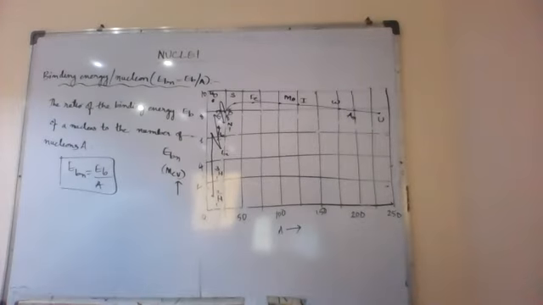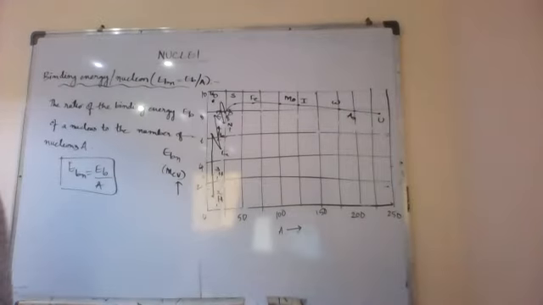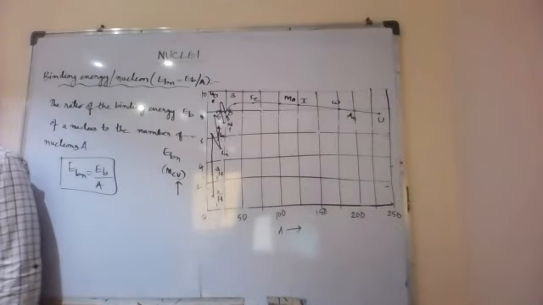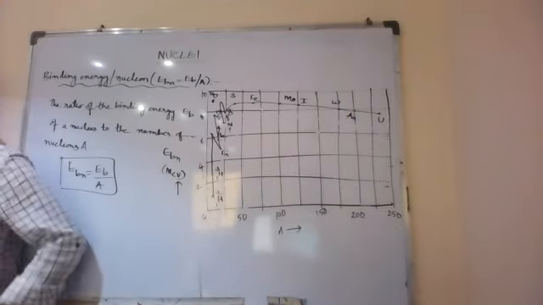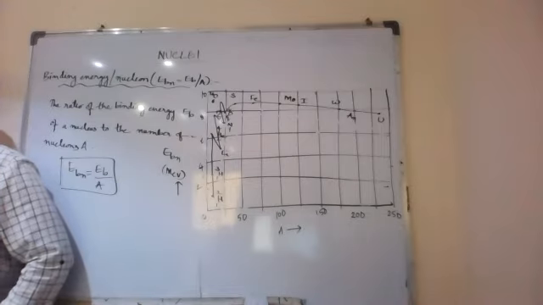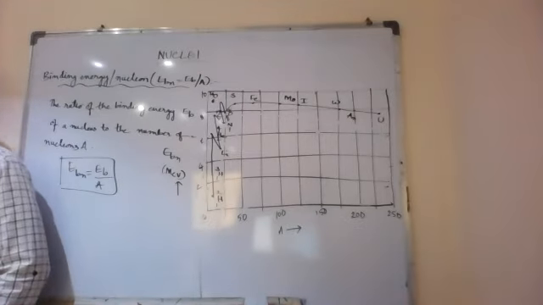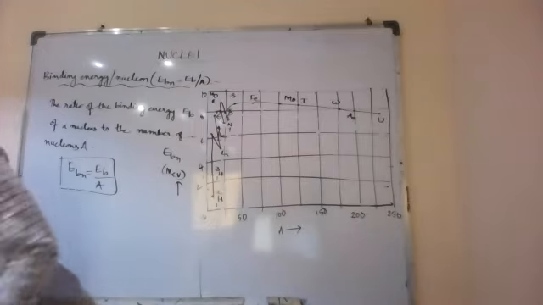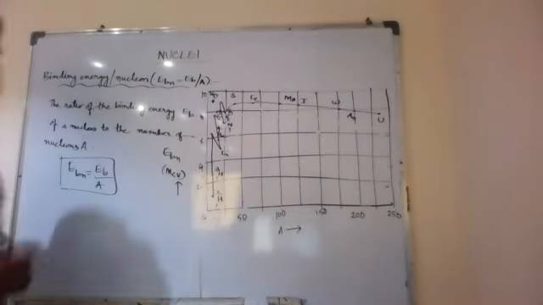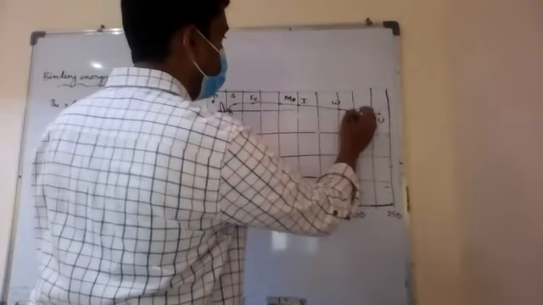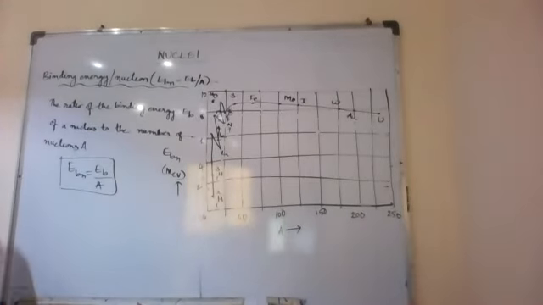Atomic mass 197. Gold, very good. That is Au actually. There is a mistake in the book. That's not Am, that's Au.